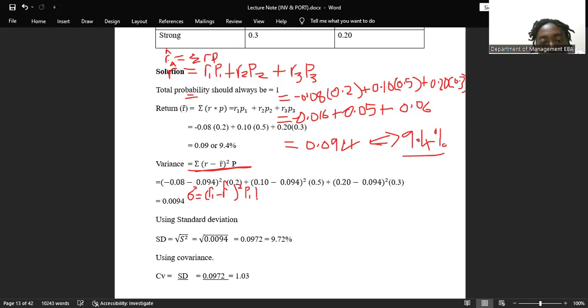Then plus R2 minus expected return, plus R3 minus the expected return.